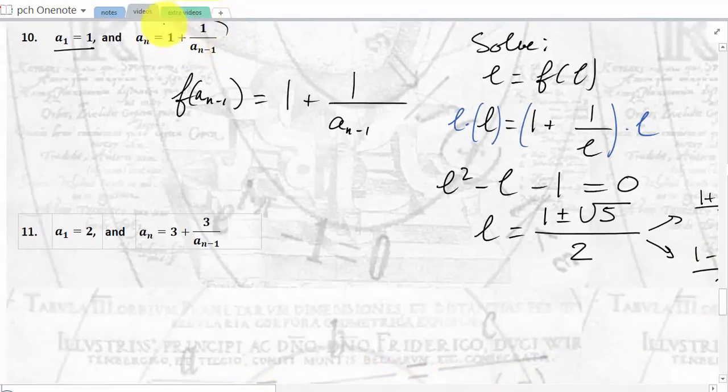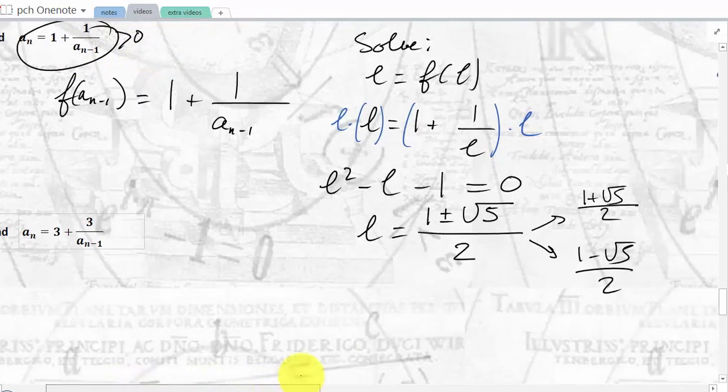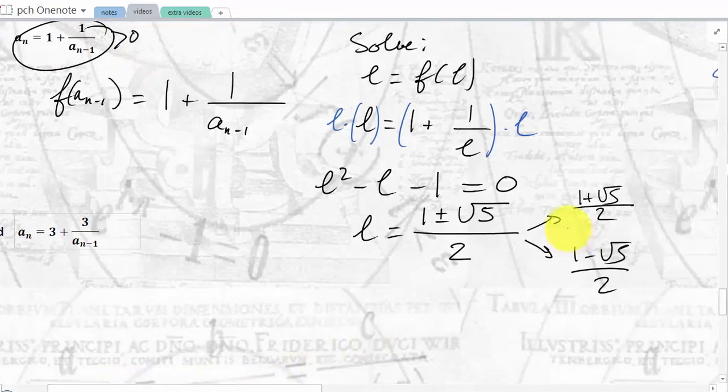A sequence can only have one limit. So which limit is it? Look at the terms of the sequence. The first one is positive, and then you take 1 plus the reciprocal of a positive number. So this is positive no matter what n is, right? And therefore the limit has to be the positive one.